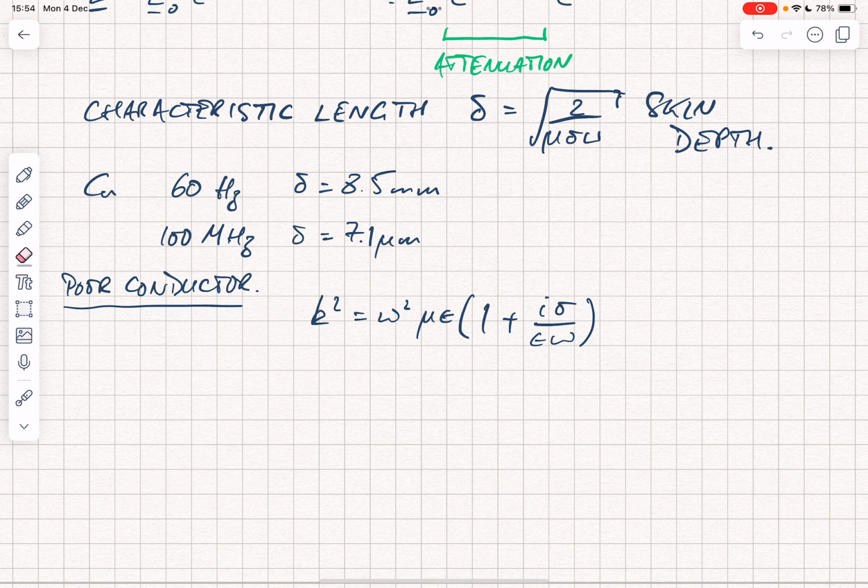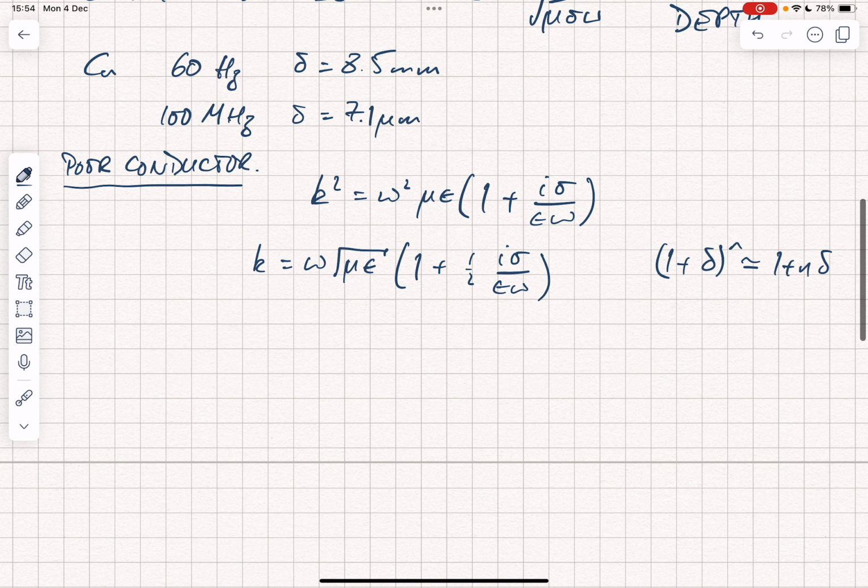When we take a square root, we have that k is equal to omega times the square root of mu epsilon, and then we have 1 plus a half i sigma over epsilon omega. That's just using 1 plus delta to the n is approximately equal to 1 plus n delta. And when you multiply that out, you find that k is equal to omega times the square root of mu epsilon, that's the standard linear relation, plus i times a half root mu over epsilon sigma.